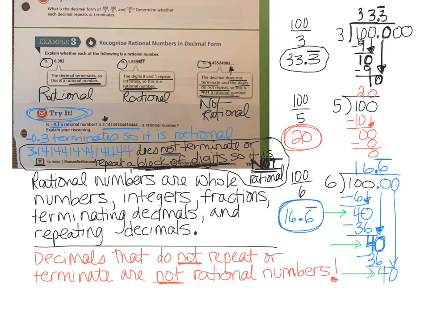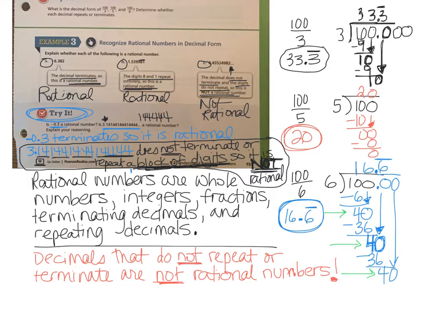So in this pattern, we have a 1 and a 4. In the second group, we have a 1 and then 2 4s. In the third group of this pattern, we have a 1 and 3 4s, and then a 1 followed by 4 4s. So I could continue this pattern and say, well, the next group would be a 1 followed by 5 4s, and then a 1 followed by 6 4s, and so on.